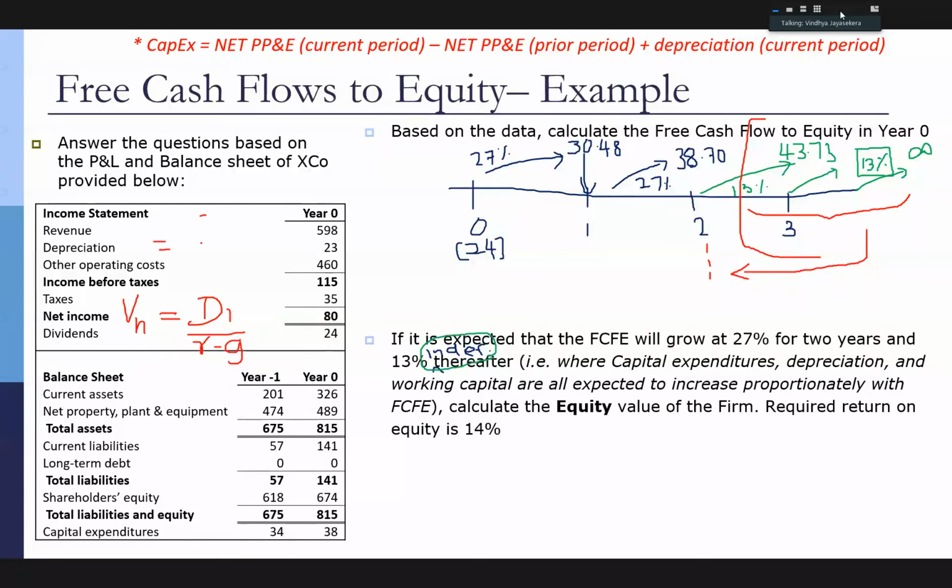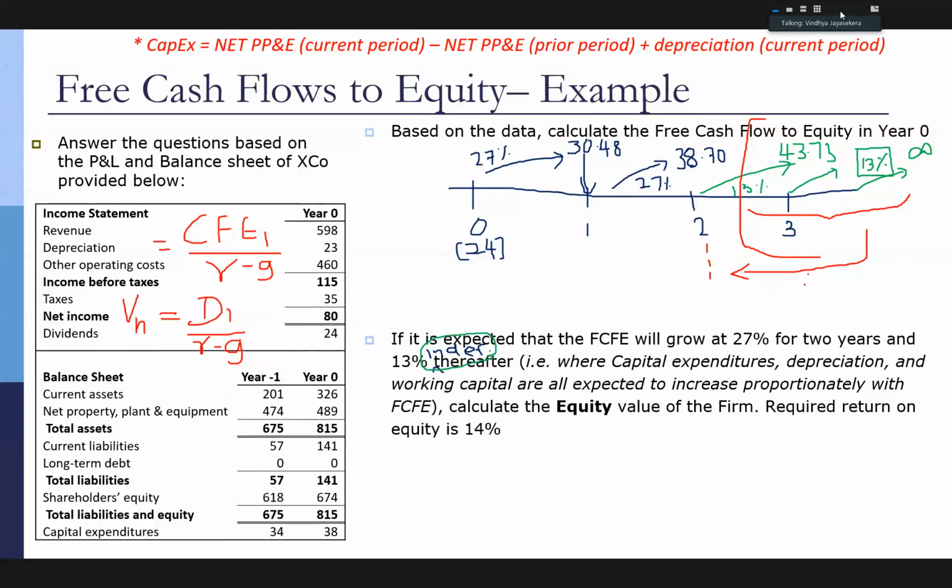It's next year's cash flow to equity divided by R minus G. What is R? Cost of equity. So how much is that?